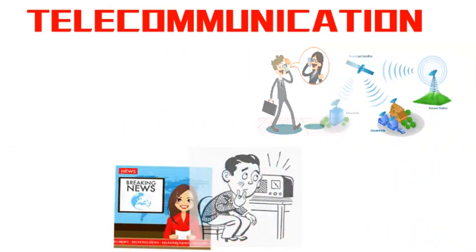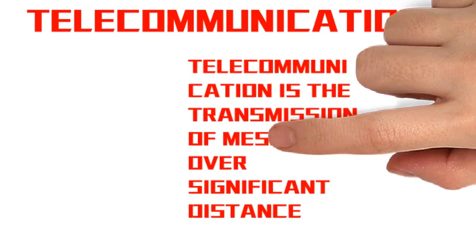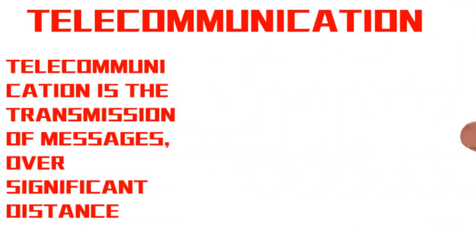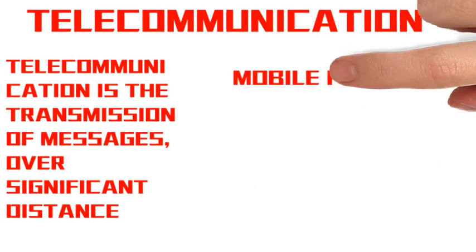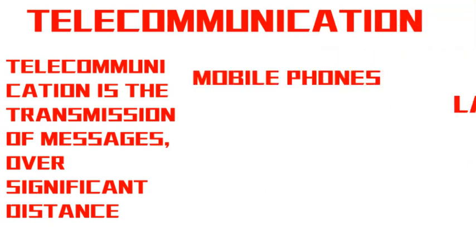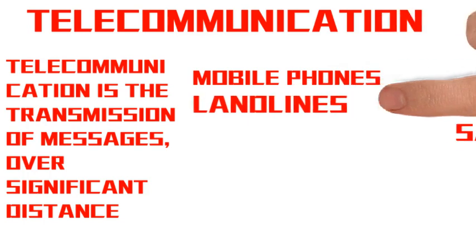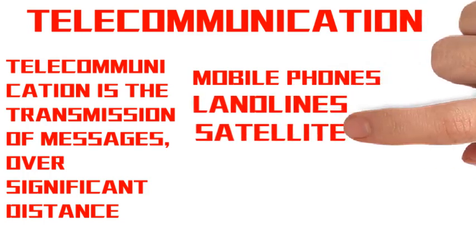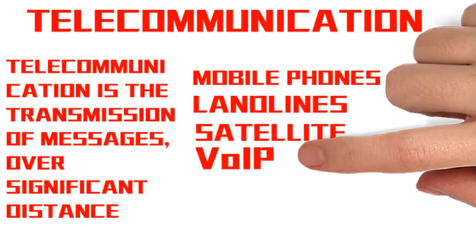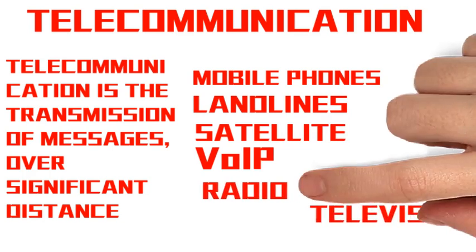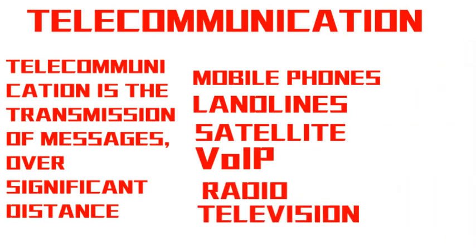Telecommunication enables people to communicate over long distances. When you telephone your friend, you are using a form of telecommunication. Mobile phones, landlines, satellite phones, voice over internet protocol, radio, television, and internet are all means of telecommunication.